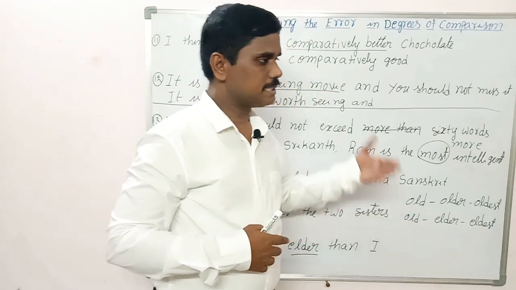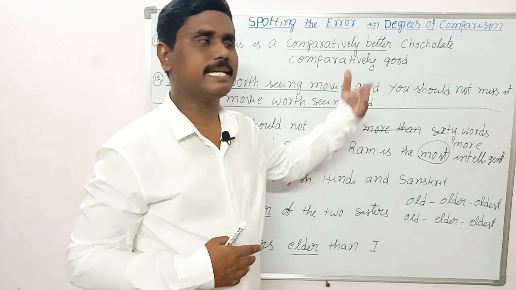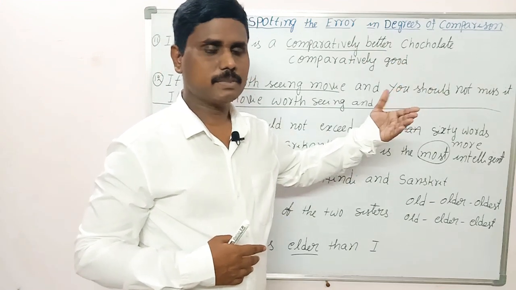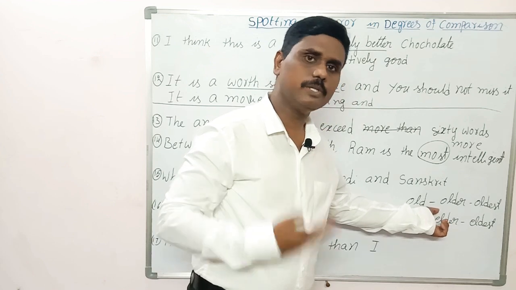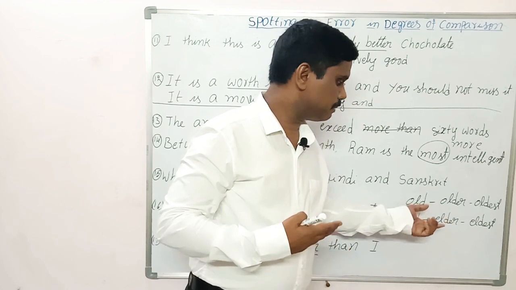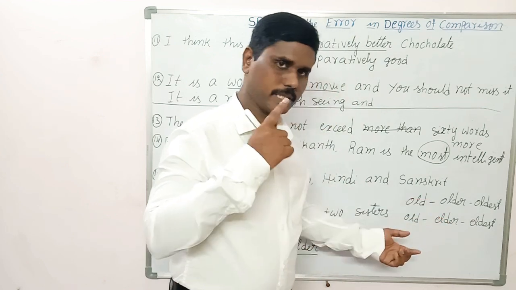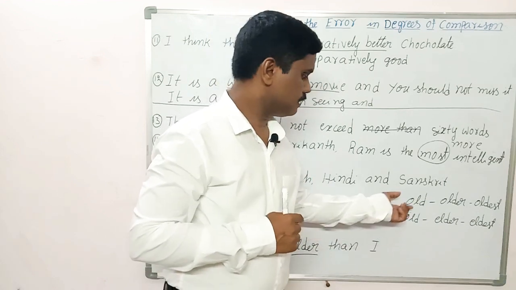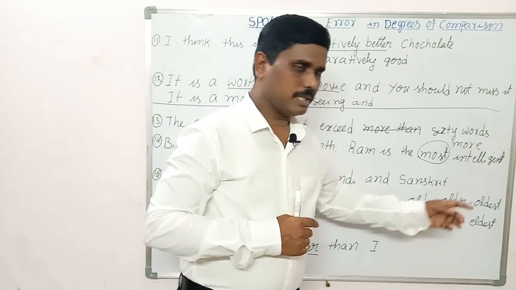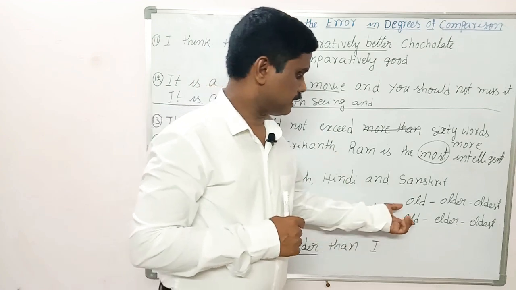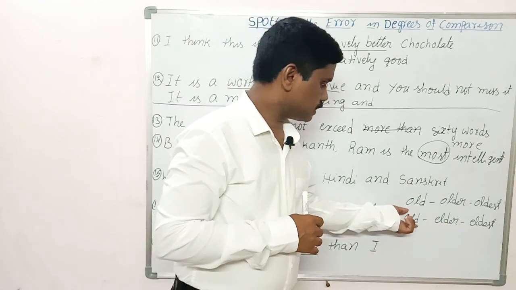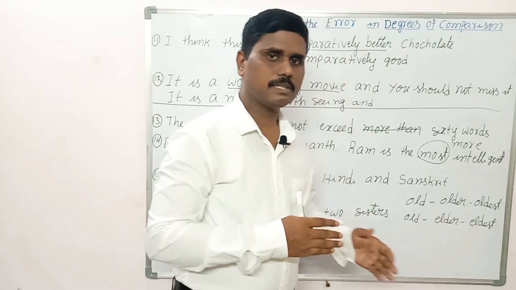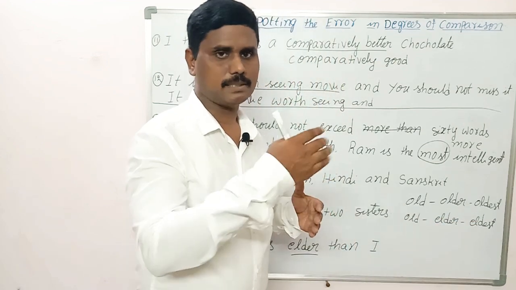For example, this building is elder than that building is wrong, because we use elder only for human beings. Point number one, once again listen: old, older, oldest we use for human beings, and old, elder, eldest also for human beings. But we should not use elder, eldest for buildings, animals and other things.